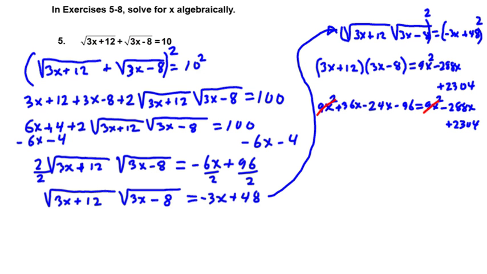And bringing down what we have left, we have 36x minus 24x, so we have 12x, and then minus 96 is equal to negative 288x plus 2304.